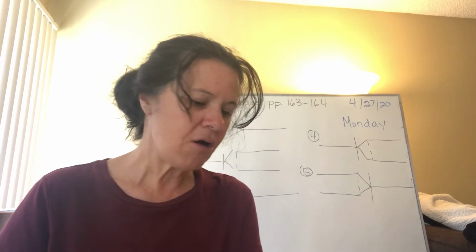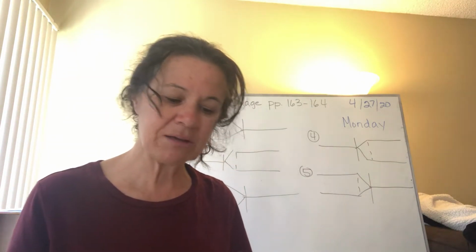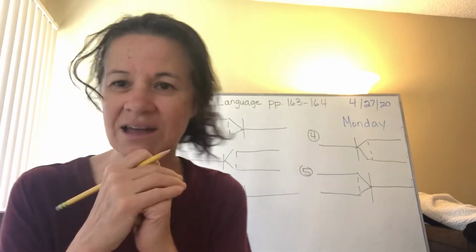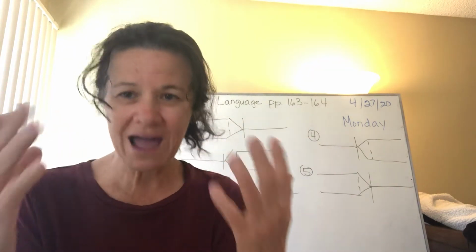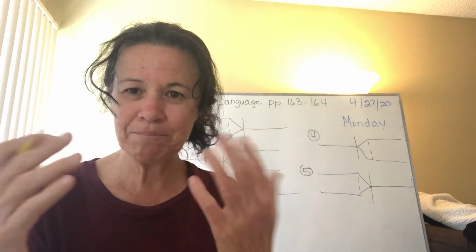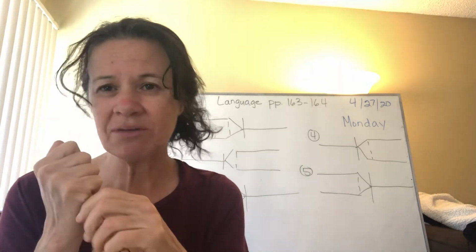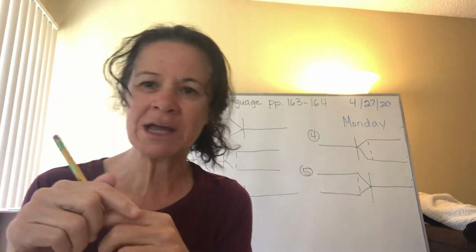All right, so we're learning how to diagram compound subjects and verbs. Compound means more than one person, place, thing, or idea in the sentence, and compound verbs are more than one action that a person, place, thing, or idea did or was involved in. So I could say, the horse was galloping and trotting all morning.